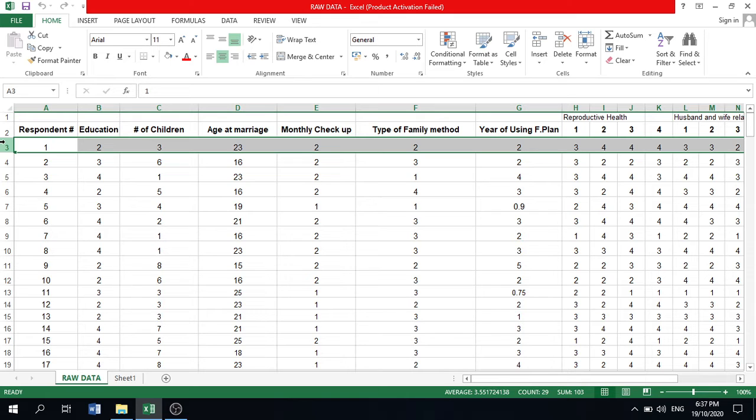And as I have said, it is very important that we have that sense of progression, because we can always code the highest positive response with the lowest number, or the lowest positive response with the highest number.